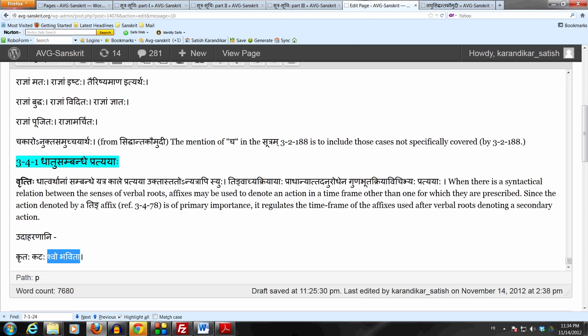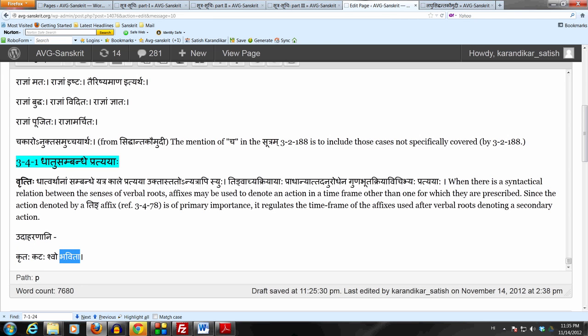Kritaha kataha shvo bhavita, the example from the Kashika, means the mat will be made tomorrow, because that bhavita dominates, that is the future tense, that is the tingantam padam, and says this is going to happen tomorrow. Even though kritaha, the affix kta, is prescribed only in the past tense, now the entire scene has shifted to the future tense. So the mat will be made, but tomorrow.